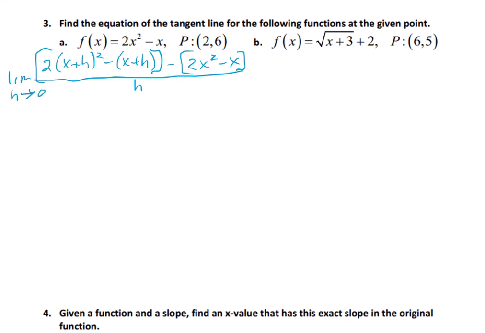Okay, I just start doing the math. I square the x plus h, and I'm going to get 2 times x squared plus 2hx plus h squared. That's what I get from squaring this right here.